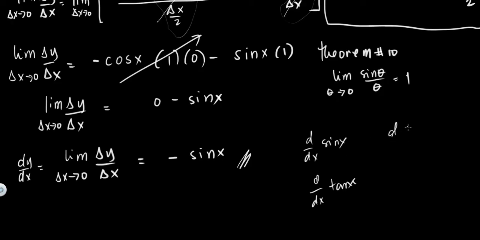Derivative of secant with respect to x, derivative of cosecant x with respect to x, and marami pang iba. Okay? Ganun lang. Kailangan lang maingat and dapat meron kang konting manipulation, konting algebra, and of course yung inyong trigonometry.